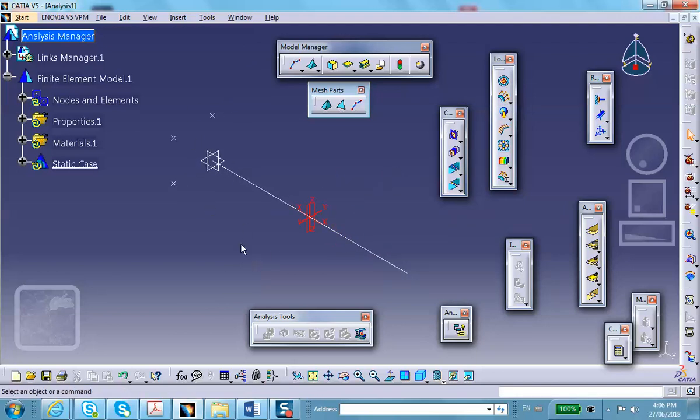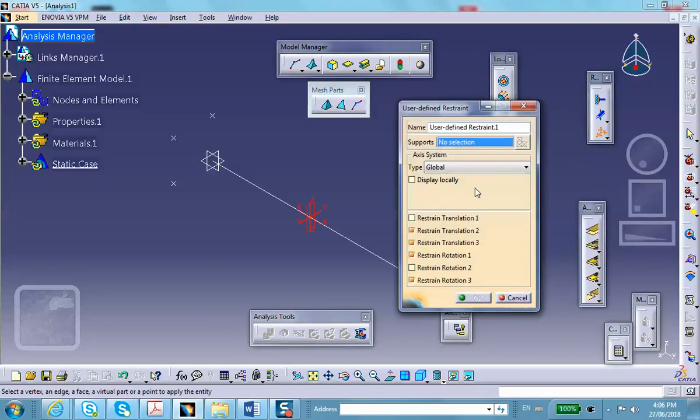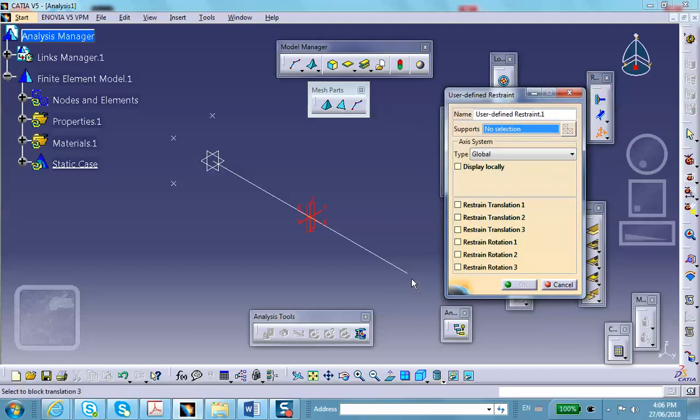So you understand what the role of orientation point is? Okay, good. Now we're going to go and apply the restraint. So this end, if you look at the problem that I had, was pinned. So we're going to click on the user-defined restraint. Let me uncheck all of these. So that point is pinned.